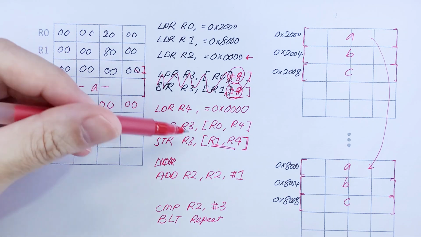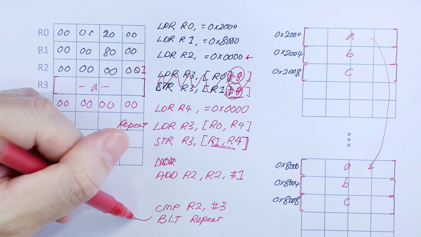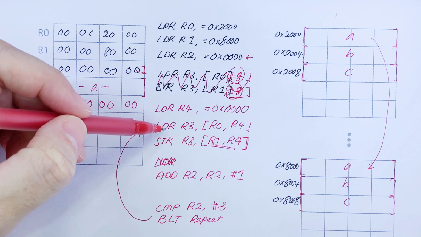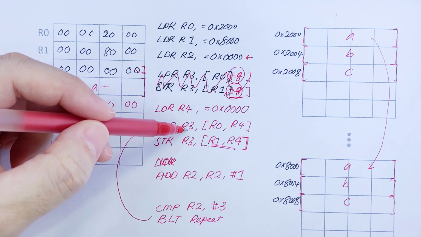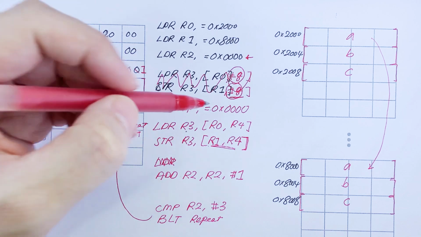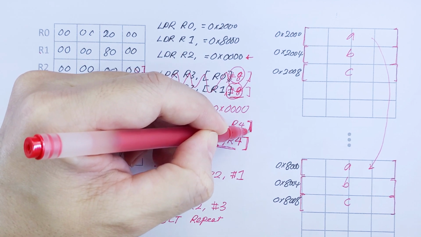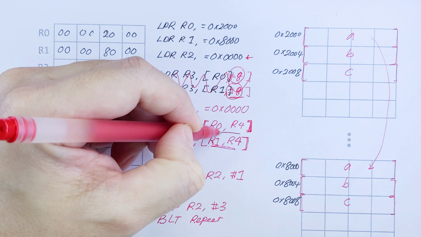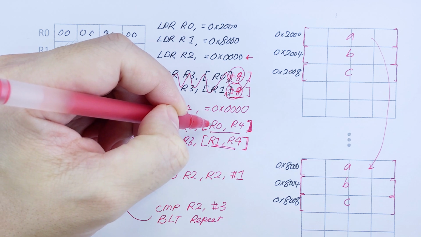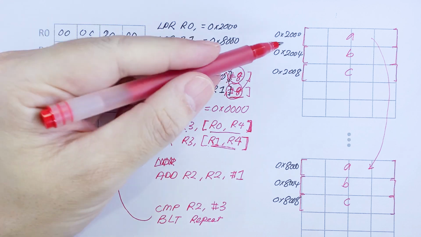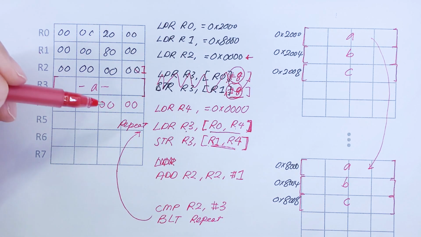So every time the processor repeats the loop, we redo the load instruction, moving to R3 from the memory as given by the square bracket, and the address is given by R0 plus R4. So R0 is 2000, R4 is 0.